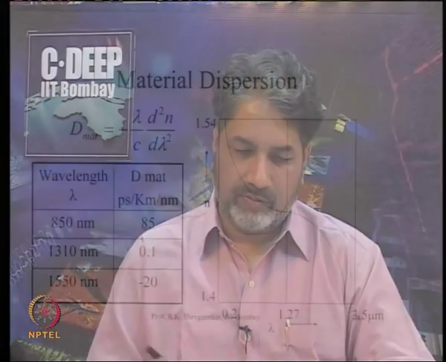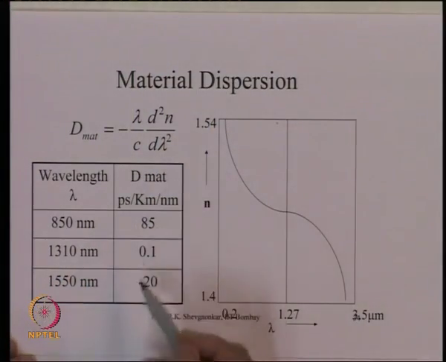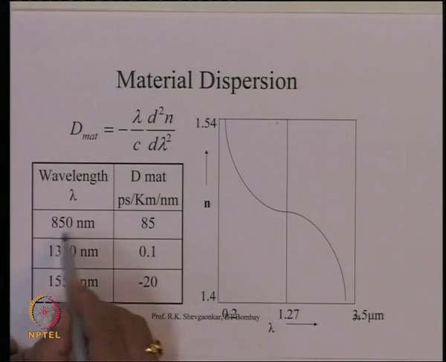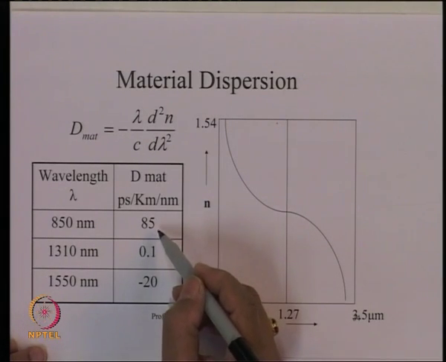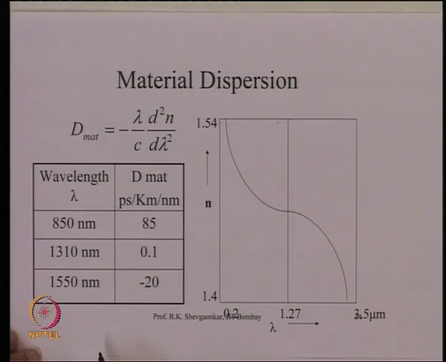Then this table shows you the dispersion which you will get at different wavelengths. So, for the first window of optical communication, which was 850 nanometer, the dispersion is as high as 85 picosecond per kilometer per nanometer. This window, 1310 nanometer, is very close to this.